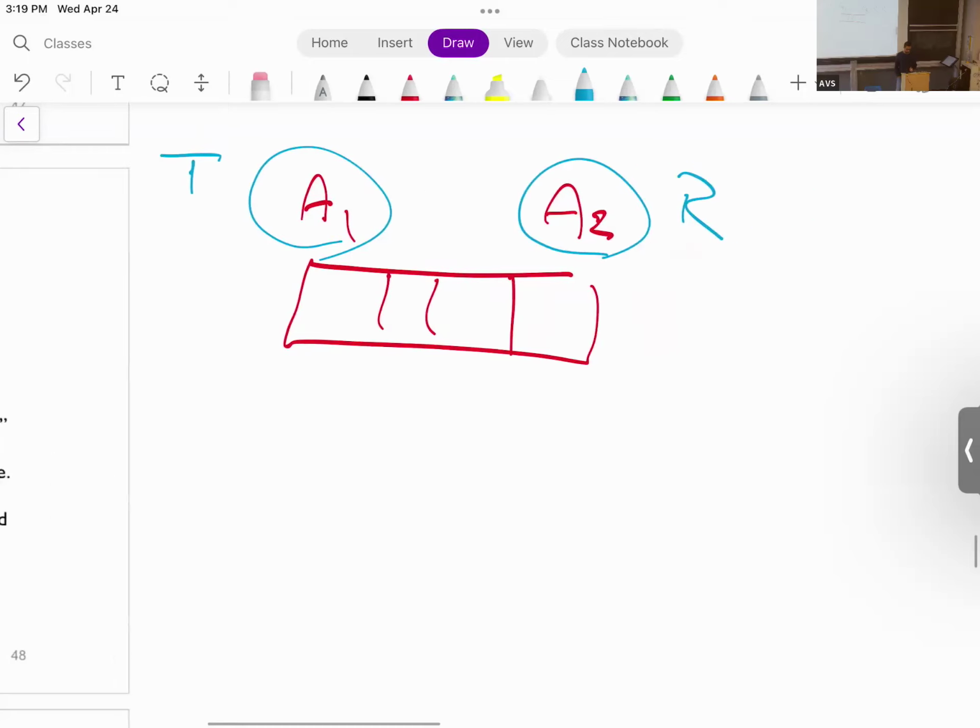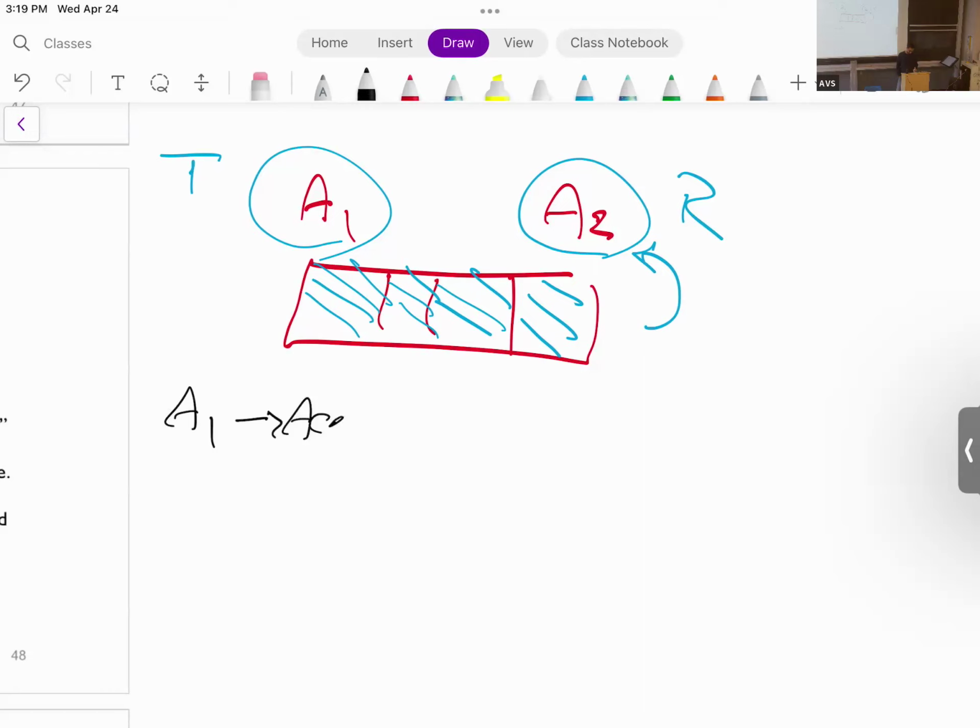They're going to agree on this fact that receiver A2 is going to fill the cache first. So this is going to be done by this. Then they're going to agree that if A1 accesses, it is sending bit 1. If it didn't access, it sends 0, okay?